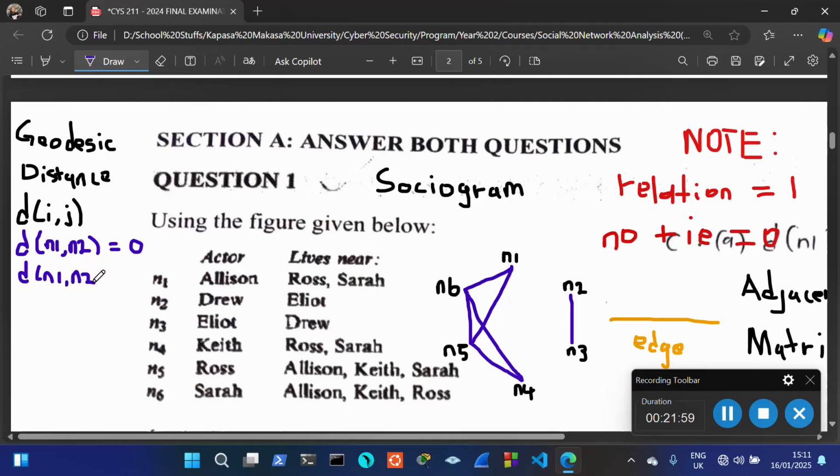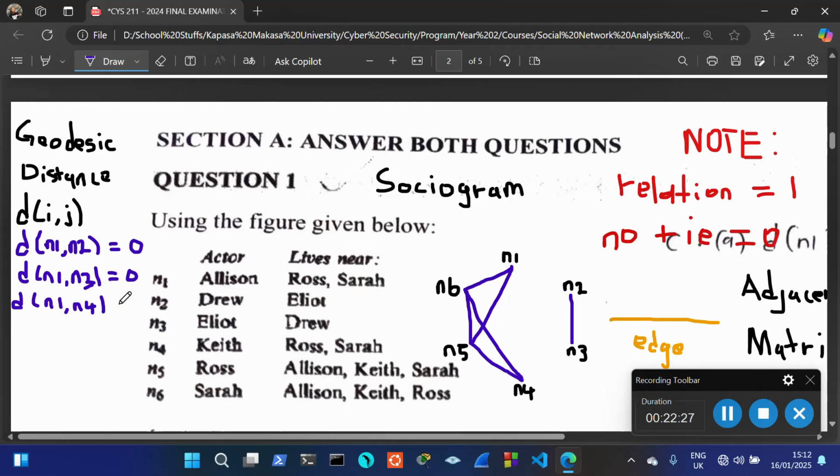Now N3, so we are incrementing. For N1 to reach N3, again there's no link, so we put a 0. We are still looking at N1 until it reaches all the nodes. N1 now tries to approach N4 to find the shortest distance it can take.